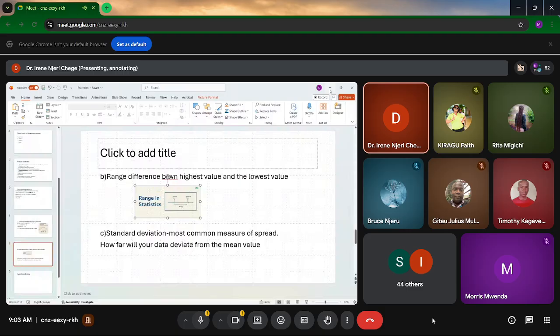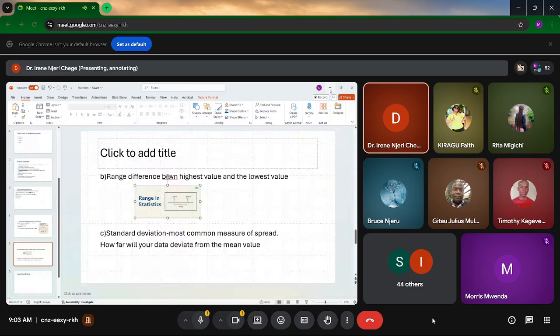So negatively skewed data, we have seen it's to the right. Here it is skewed to the right. You have your values going to the right. Positively skewed data, it is skewed to the left. And why?